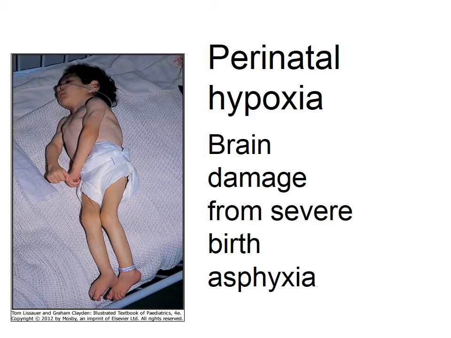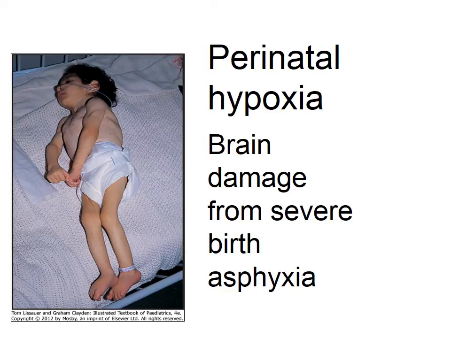Perinatal hypoxia is hypoxia suffered by the child around the time of birth. So this could be during the process of delivery, or it could be just after the birth has taken place. And the neonatal central nervous system is very prone to hypoxic damage.